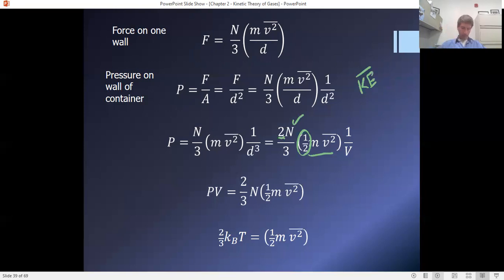My v is on this side of the equation because we have 1 over d cubed, so I'm going to move it to the other side. Isn't this great? It's now starting to look like the ideal gas law. PV equals 2/3 N times 1/2 mv squared on average.